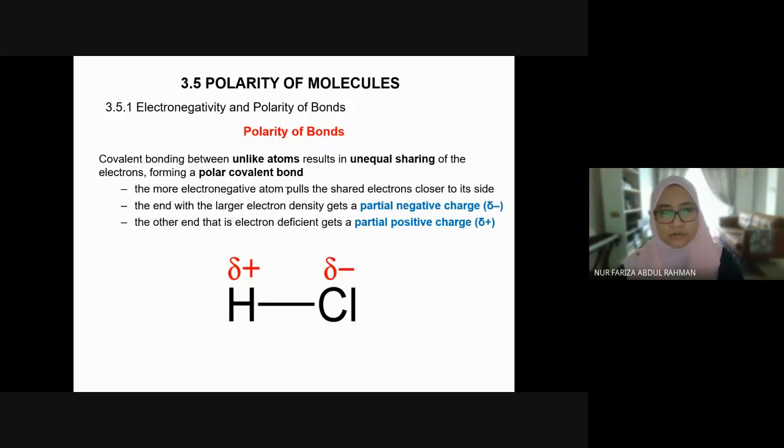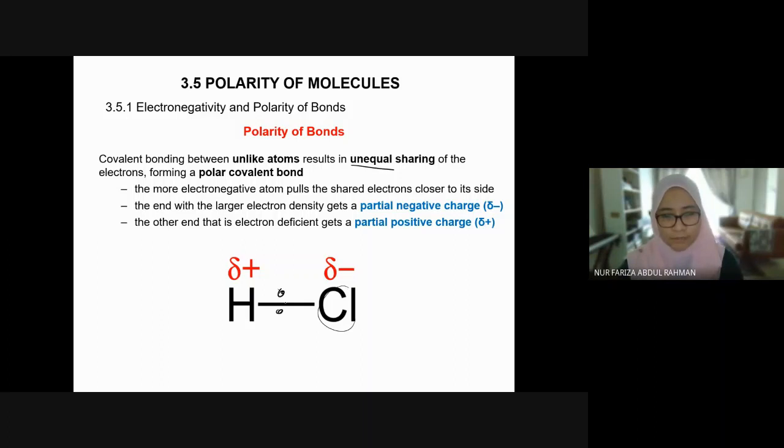The difference in electronegativity of atoms will cause unequal sharing between the atoms. Take for example HCl. Cl is more electronegative, as in it has a higher tendency to attract the bonding pair.